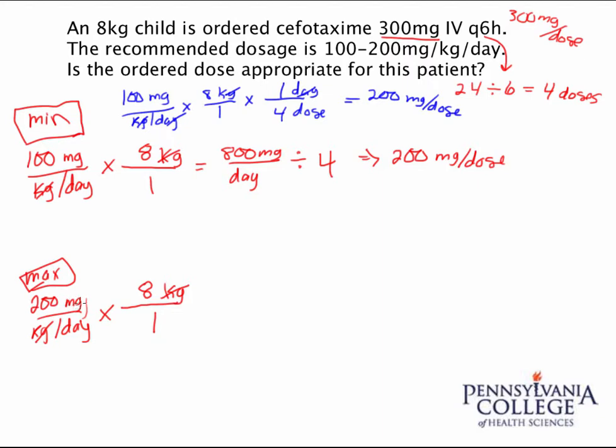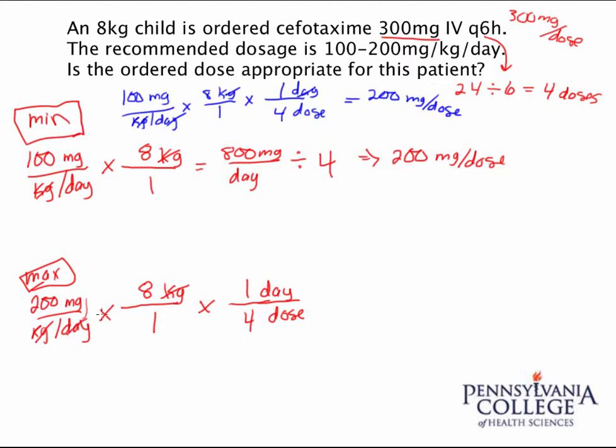Notice if we were to stop right now, we would have the number of milligrams per day, but I don't want per day. I want to know how many milligrams this child is receiving per dose. So I want to cancel out day and go into dose. And I know, based on my calculation from before, if I'm giving this every 6 hours, that 1 day is being split into 4 doses.